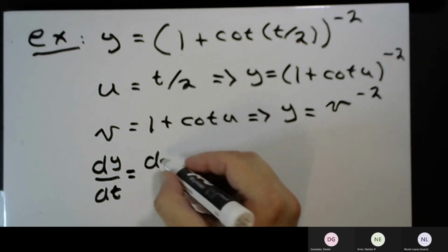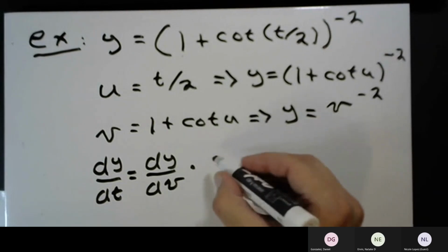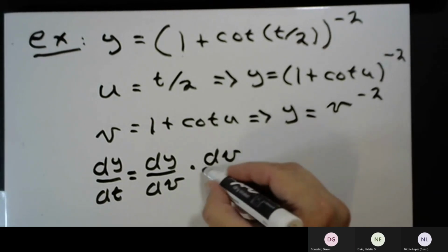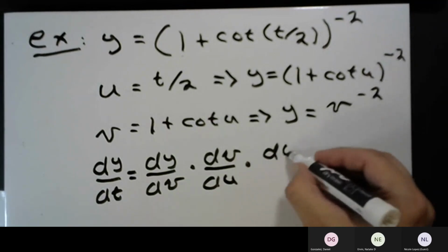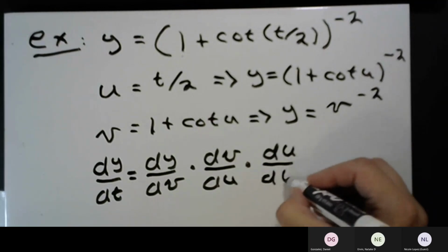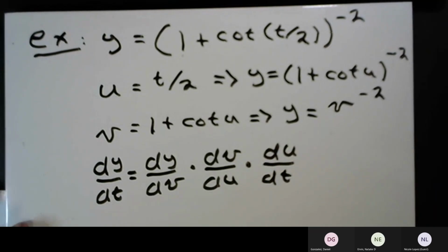We're going to use dy dv times dv du times du dt. So any questions about that?